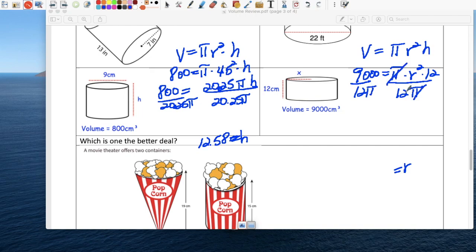Pi and pi go away, 12 and 12 also go away, simplifies to 1, so on the other side we say 9,000 divided by 12 pi equals 230. So r squared equals that number, and I'll round it here, but in the calculator I'm going to leave it. And now I'm going to take the square root of that big number, and we get that r is 15.45.